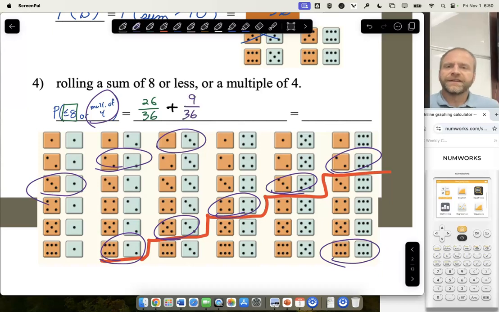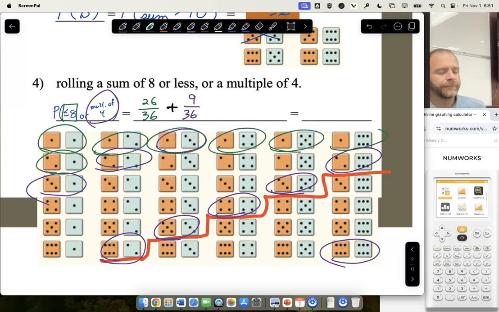But there's an issue. The issue here is of all the multiples of 4, I counted 8 of them twice. If we were to look at the sum of 36, that was every single one of these up in this area. All of these were sums of 36.